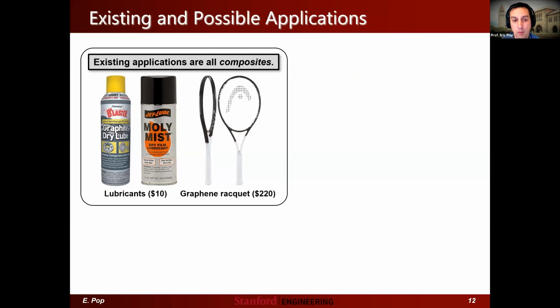And if you're a fan of Novak Djokovic, his representatives will sell you a graphene racket, supposedly for about $220. At some point, I read that Novak actually does not play with this racket, but this is the racket that he advertises. But of course, these are composites. You might say these are probably based on bulk graphite and moly disulfide.